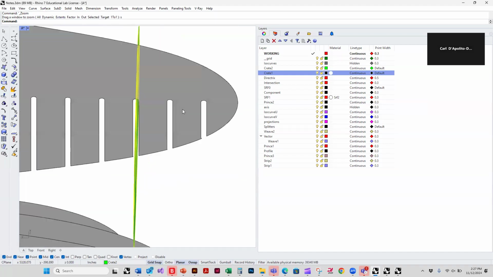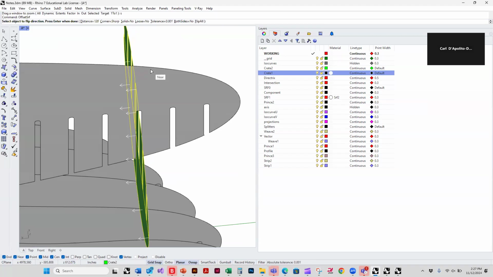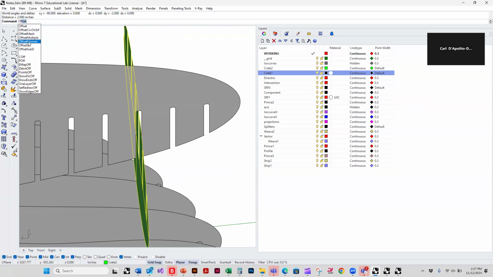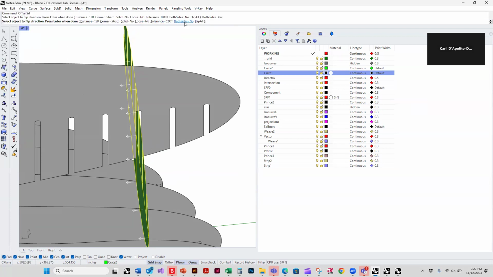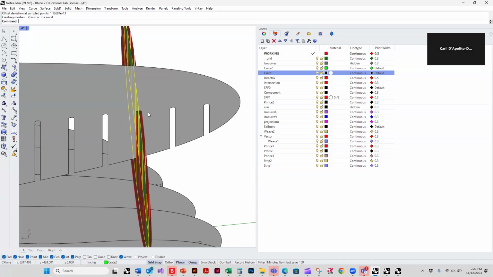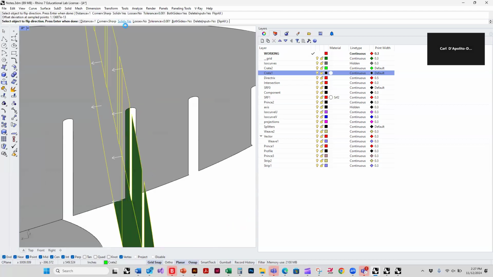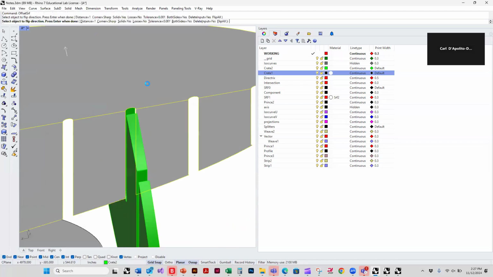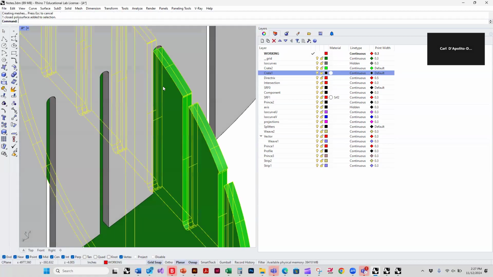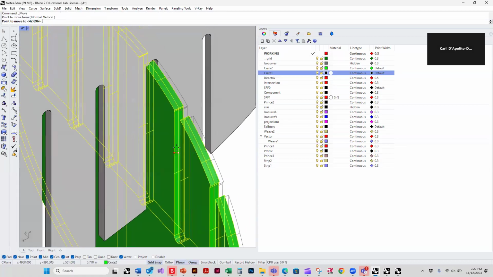So if you offset these by the same thickness in both directions, if you made the diameter, they'll be able to slot through each other.